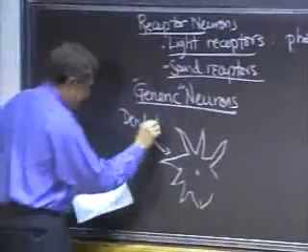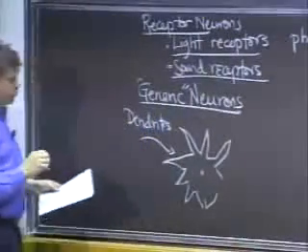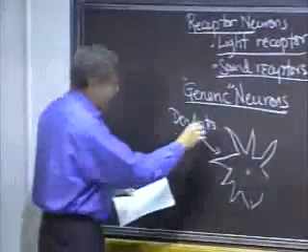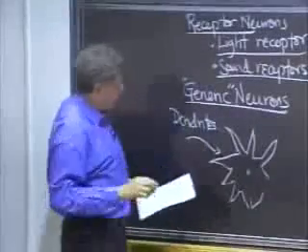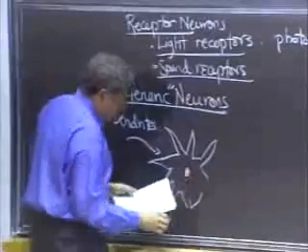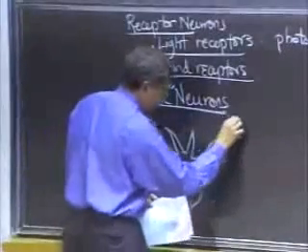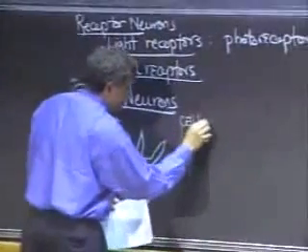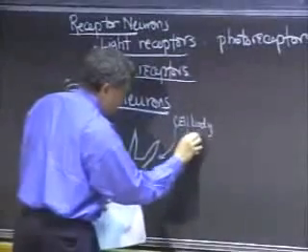That's where it's going to receive signals. Processes is the name for things that stick out. Here's the nucleus of our cell. Here's our cell body, with a nucleus in it.